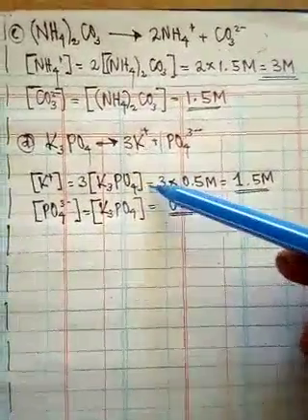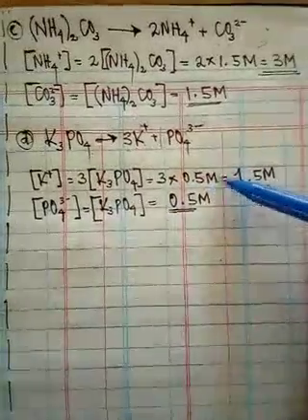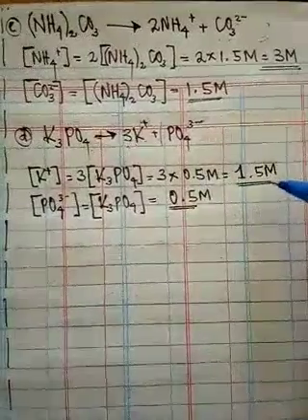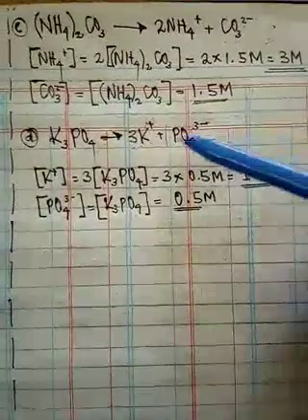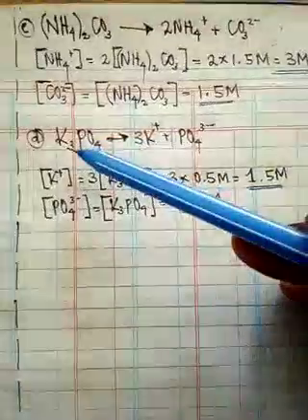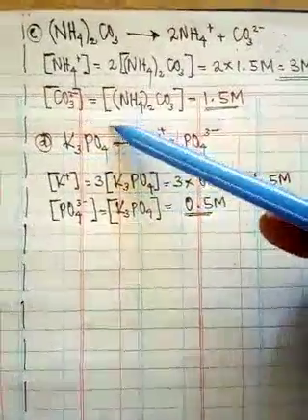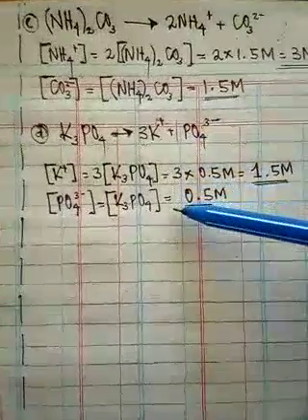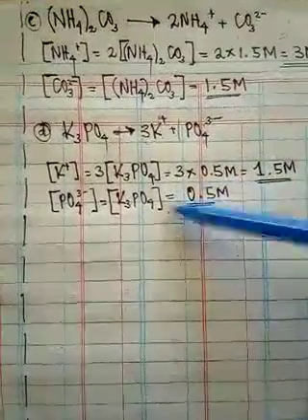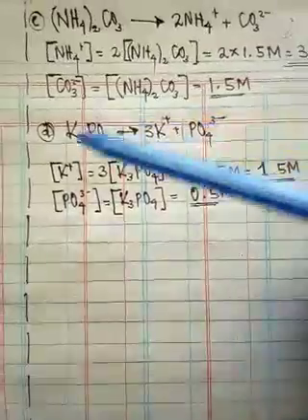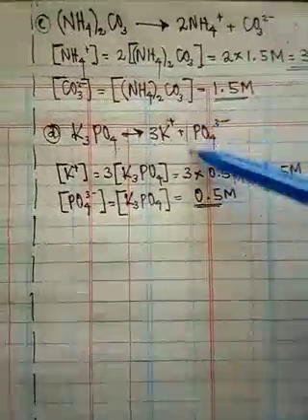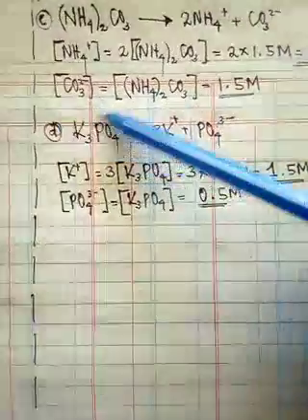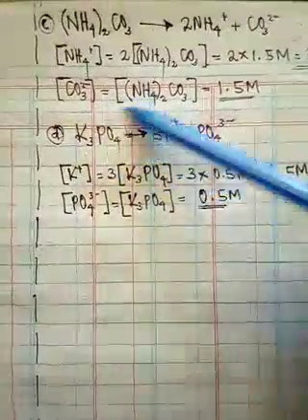So it's going to be 3 times 0.5, which is just going to be 1.5 molar. The phosphate and the potassium phosphate overall have the same stoichiometric coefficients, which are 1. So because the mole ratio is 1 to 1, the concentration or molarity of the phosphate ion is equal to the molarity of the potassium phosphate.